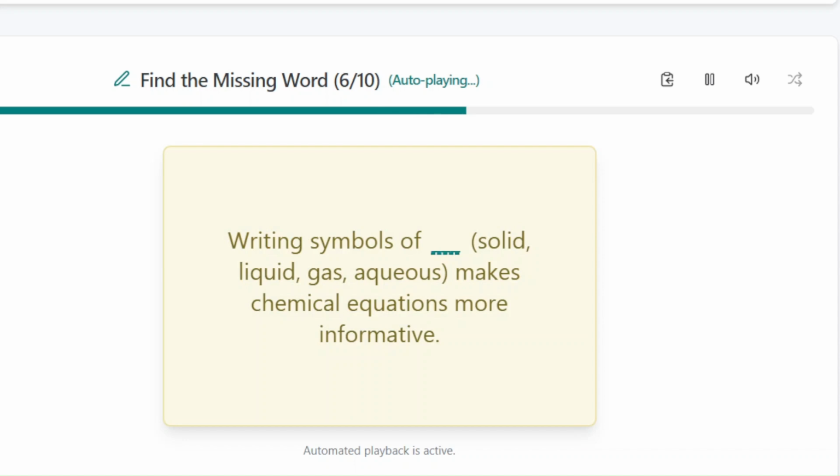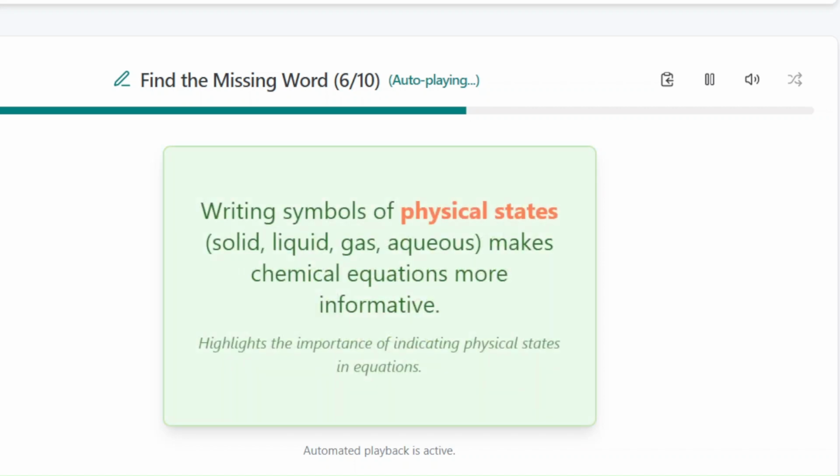Writing symbols of dash, solid, liquid, gas, aqueous, makes chemical equations more informative. Physical states. Explanation: highlights the importance of indicating physical states in equations.